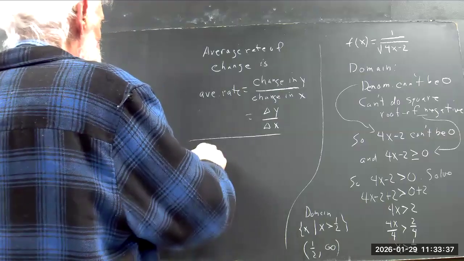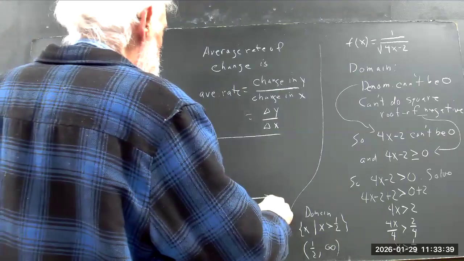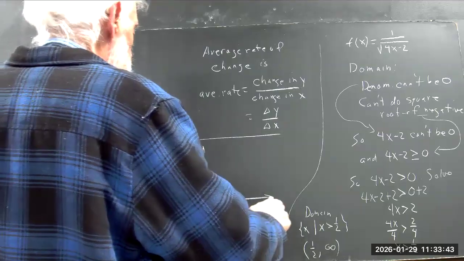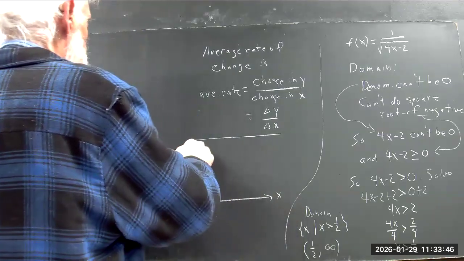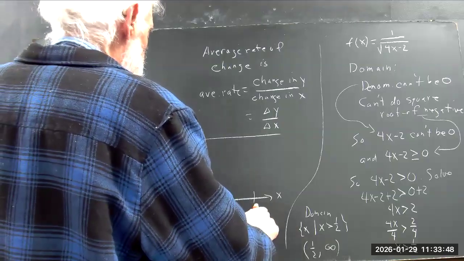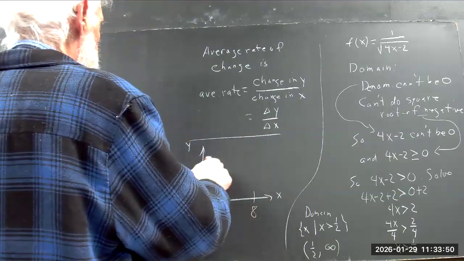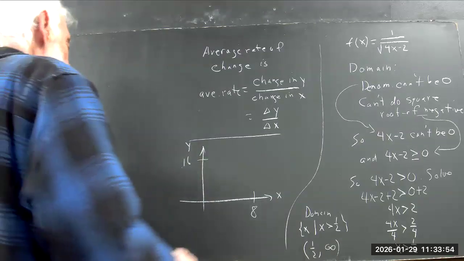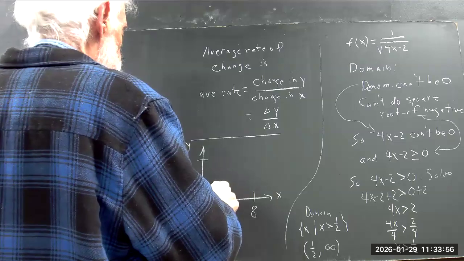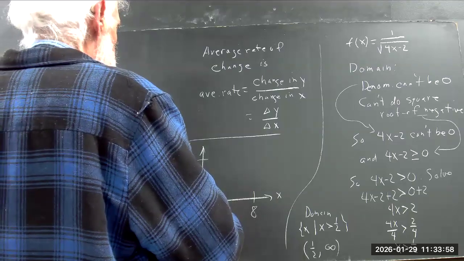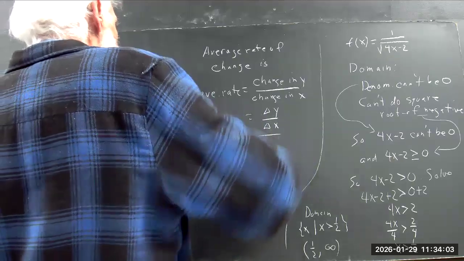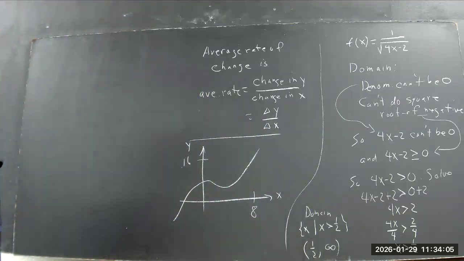So if I've got a graph, and here's the origin, and here's the x-axis, and here's the y-axis. Let's say you got 8 out here, and you got 16 up here. Then you've got a graph, maybe that looks like this.